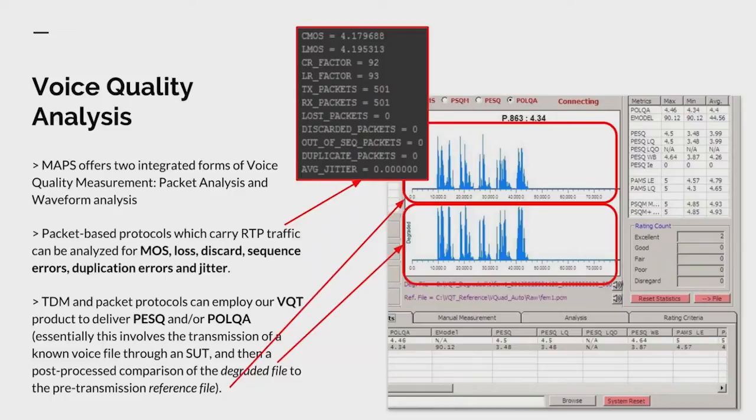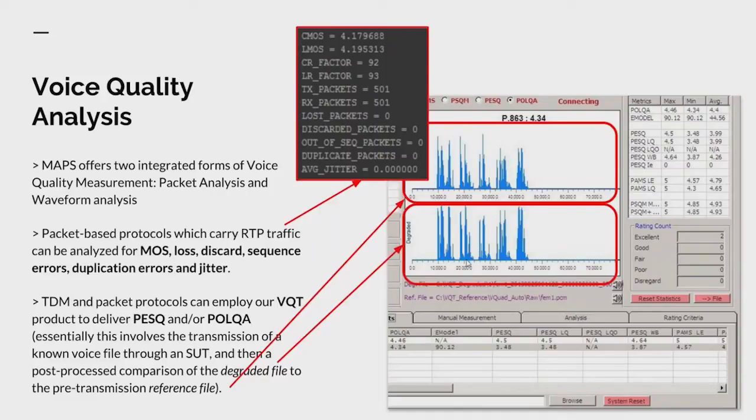So that's packet-based analysis. We also have integrated Maps with our VQT product, which is the GUI screen you're looking at here. VQT, rather than performing a packet-based analysis, performs an actual analysis of the waveform of the actual audio.